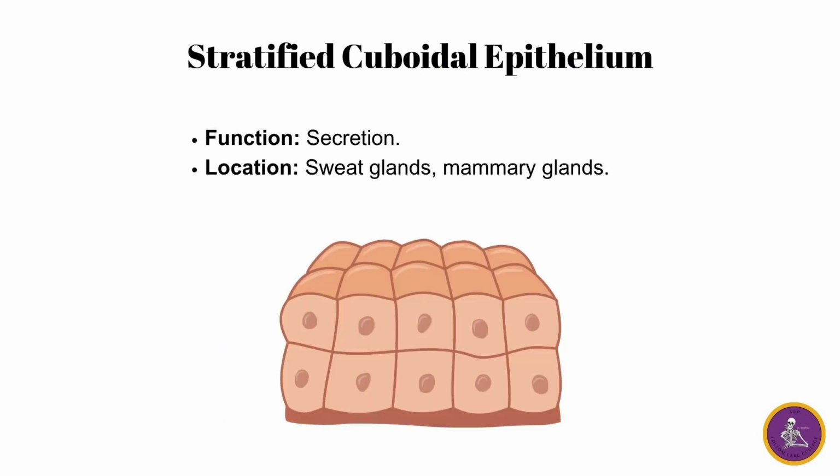Stratified cuboidal epithelium contains two or more layers of cube-shaped cells. It's less common than other types, but it serves a clear function: secretion. You'll find this tissue in the ducts of sweat glands and mammary glands, where it helps produce and move secretions through the glandular system.